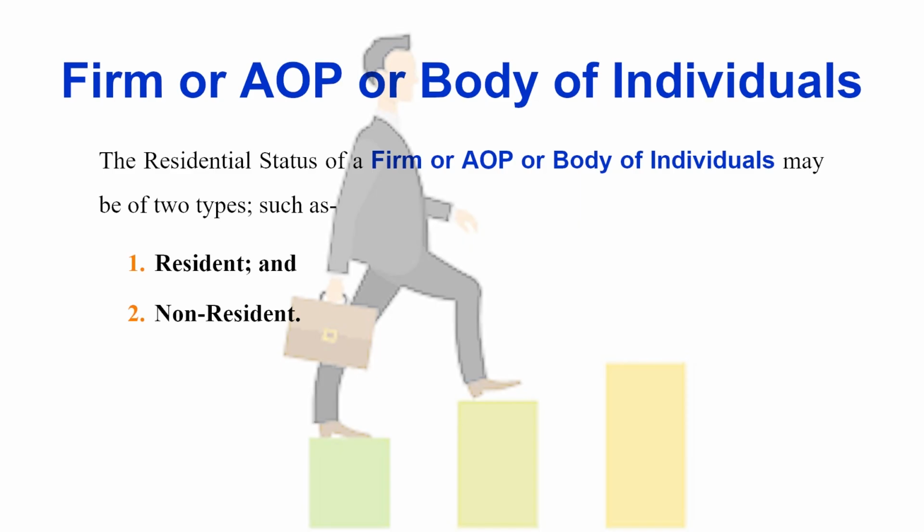A firm or AOP or body of individuals. In this situation, the residential status of a firm or AOP or body of individuals may also be of two types, such as resident and non-resident.